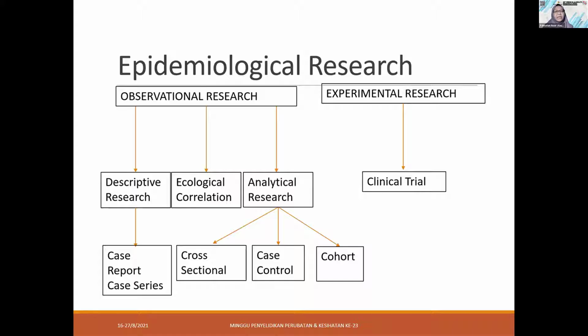Then there is the ecological correlation research, about the epidemiology of the problems of the disease. Then if we want to do analytical research to look at the epidemiology but want to analyze it further, then we do a cross-sectional research, a case control or cohort. Then experimental research is actually a clinical trial.